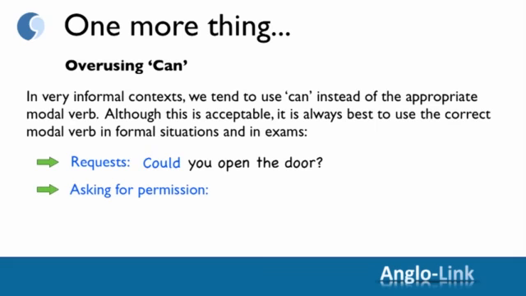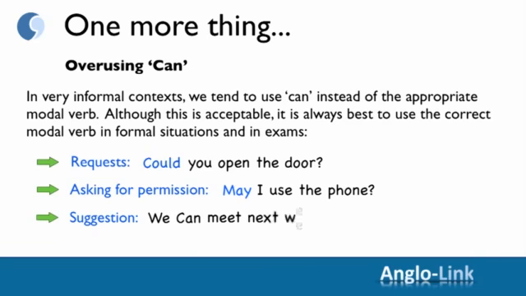Asking for permission. Once again, in an informal, friendly context, you may hear, "Can I use the phone?" But the correct modal here is may. May I use the phone? To make a suggestion, you might hear, "We can meet next week." But as you have seen, the correct modal here is could.